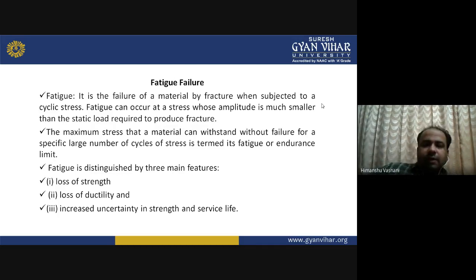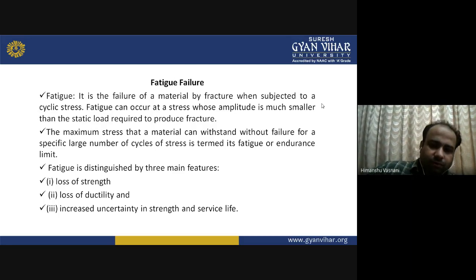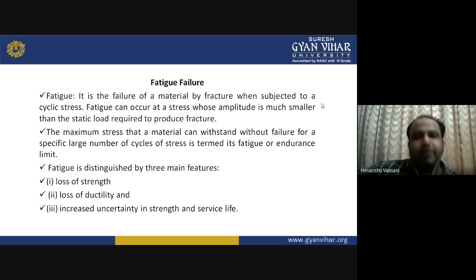See, what do you mean by fatigue? We have seen in our lab various times some kind of fatigue failure happening. So I'll explain: it is a failure of a material by fracture when subjected to a cyclic stress. Fatigue can occur at a stress whose amplitude is much smaller than the static load required to produce fracture.